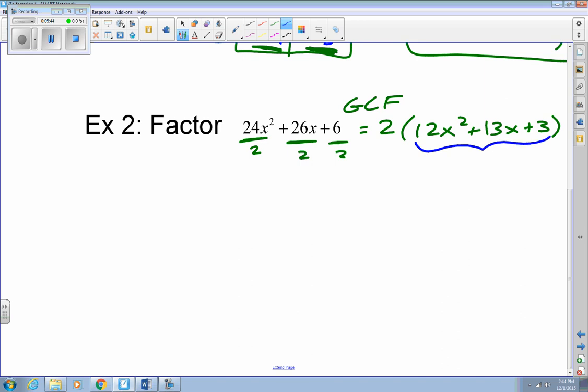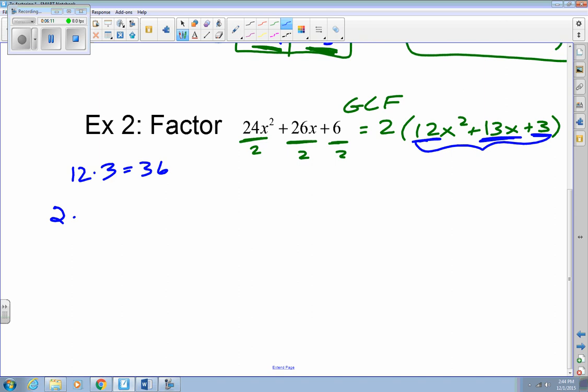Do the first term times the last term. So 12 times 3 is 36. And now you do what times what is 36 that will add up to positive 13? So let's see here, 2 and 18.